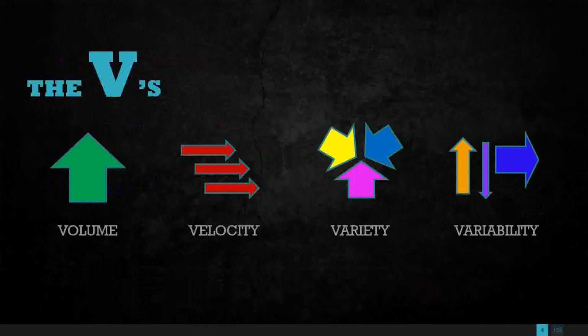Variety: we have so many different types of data, all the way from the old log files to images and natural language files and such. Variability is kind of a new one that has popped up recently, but it speaks to the meaning of the data in the context that you're looking at it in.